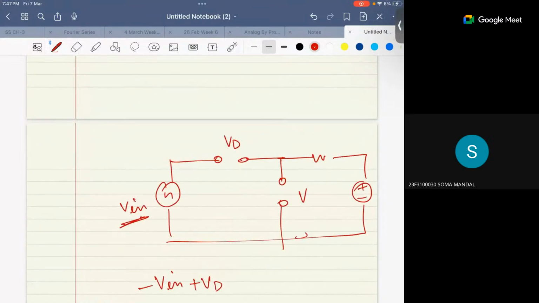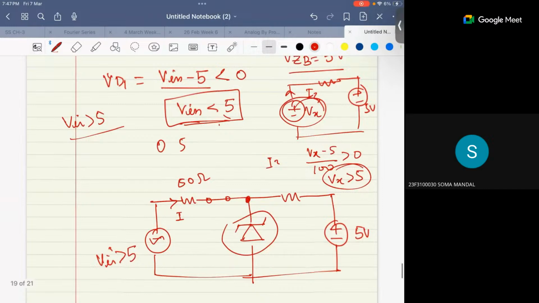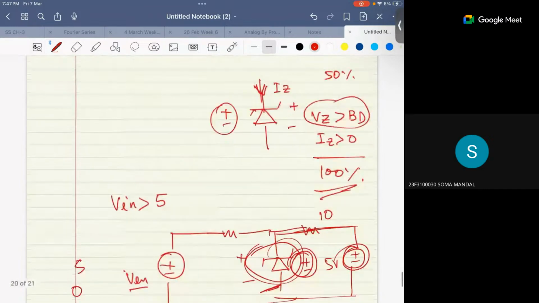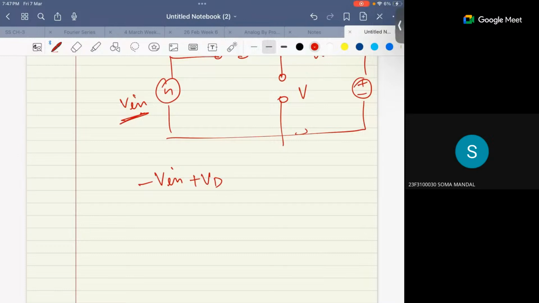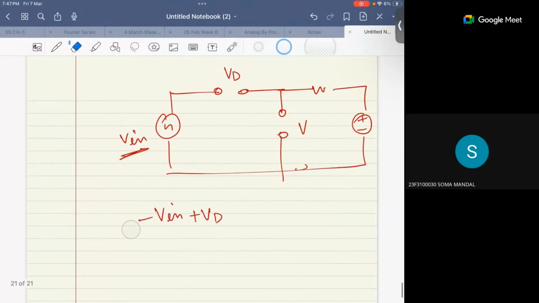Okay, you just take this as the Zener. So it will be minus V input plus VD plus 5 equals 0, right? So VD is V input minus 5.